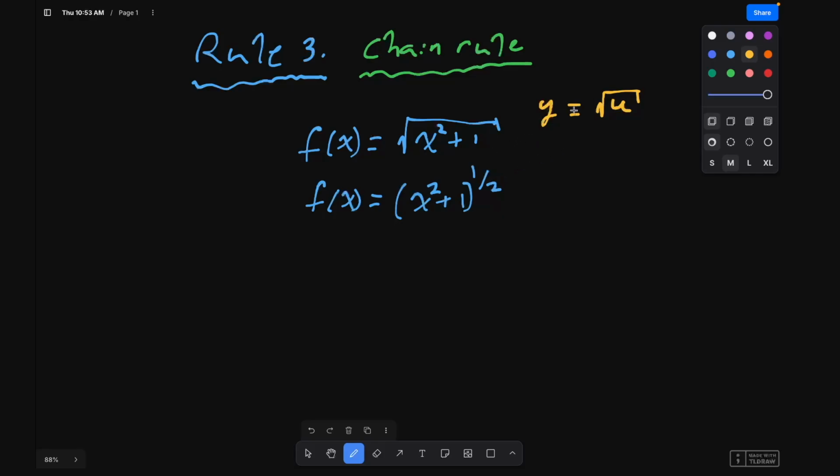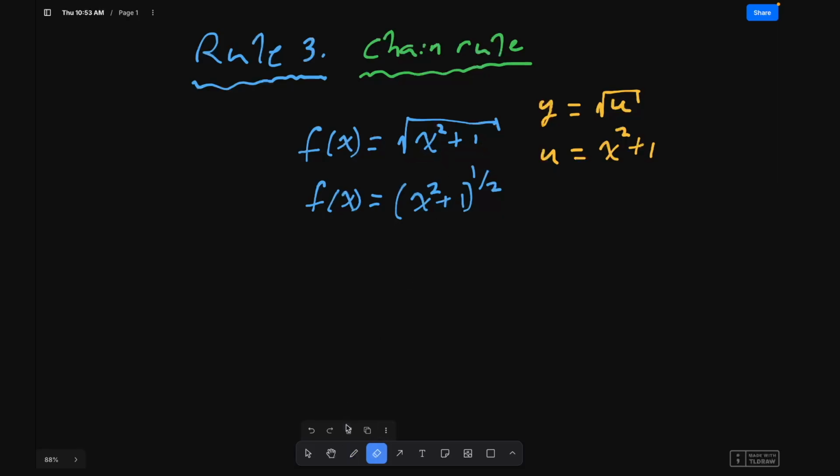So this u is also a function. It is this inside bit. So we're going to say u equals x squared plus 1. So we just separated the square root and what's under the square root into two separate functions.